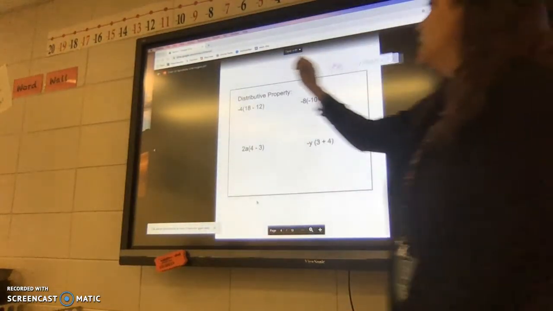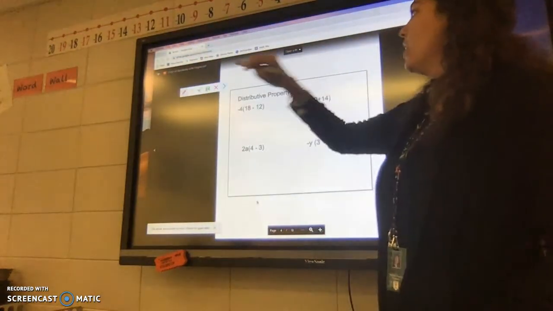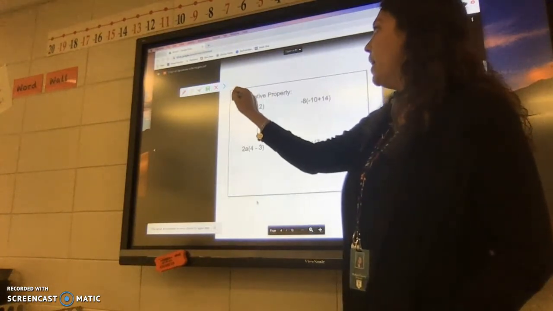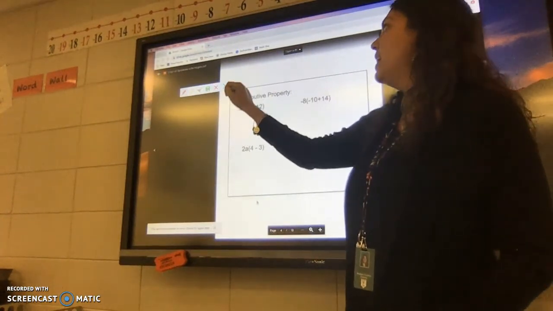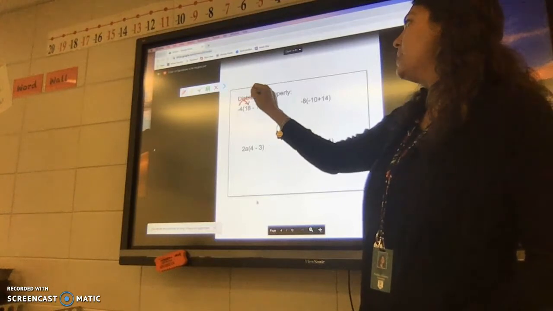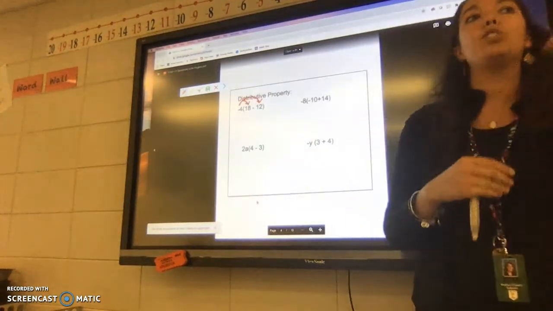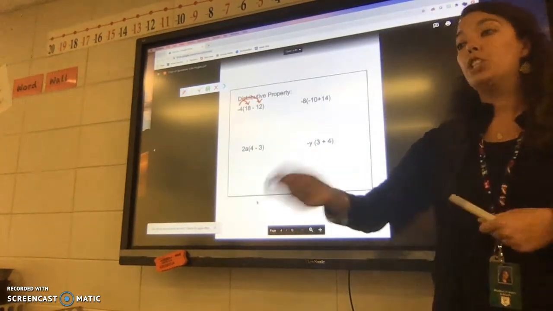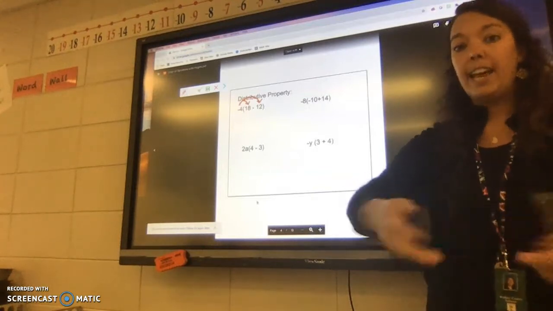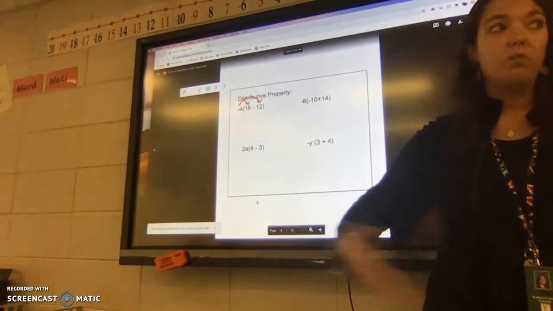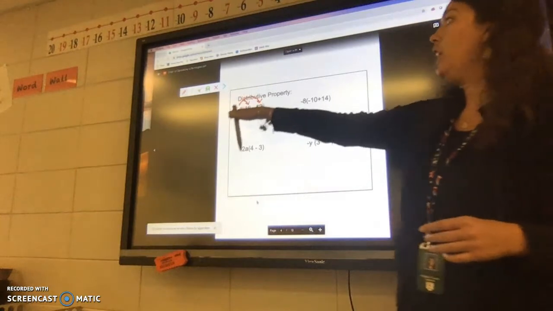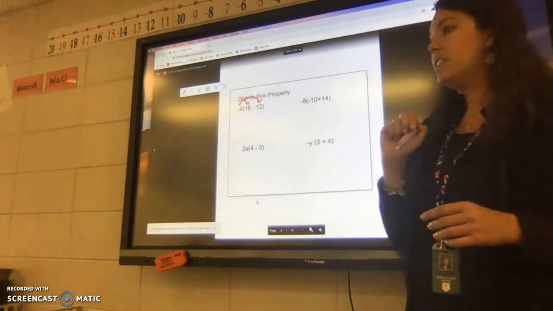So, let's look at this. We have negative 4 times positive 18 and negative 4 times negative 12. If you are asked to distribute, literally when I distribute papers, that's handing them out. When you distribute, you are multiplying that negative 4 to whatever's inside the parentheses.